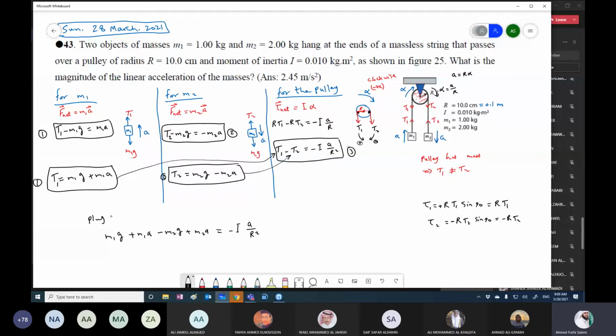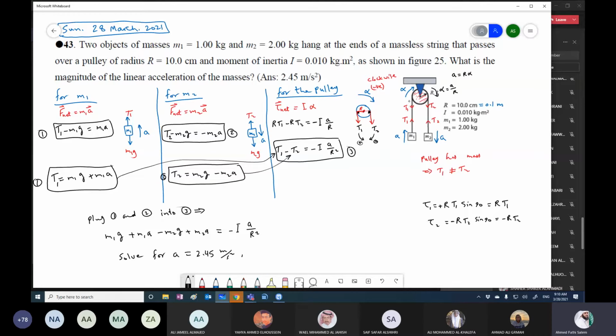We got it by plugging 1 and 2 into 3 in order to get this one. How many unknowns are here in this equation? One unknown, which is the acceleration. Solve for acceleration and you will get 2.45 meter per second square.